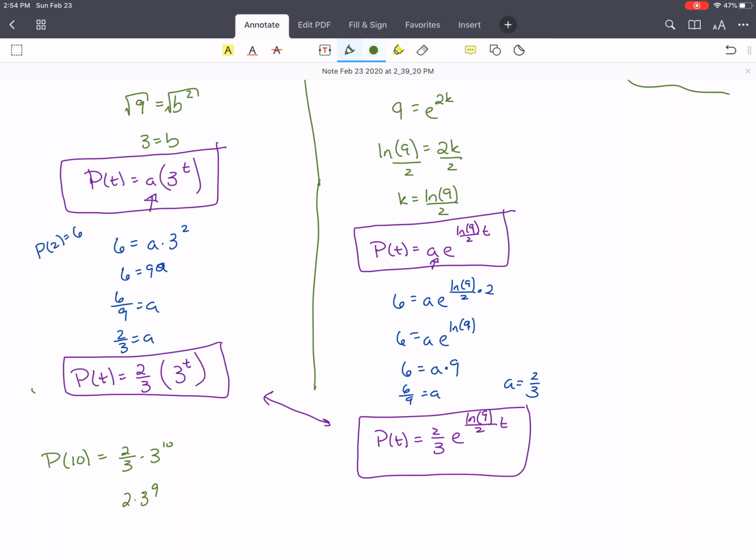And I believe that's 39,366 million. So this bacteria population is huge. Like absolutely huge. And this answers my first question, how big is it after 10 hours?